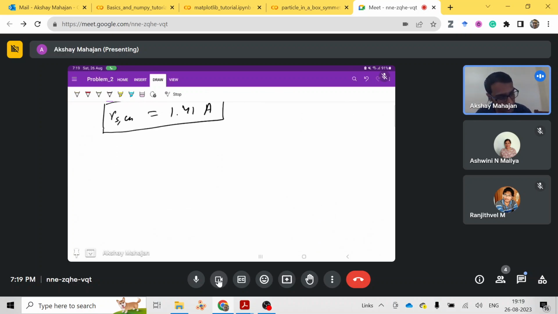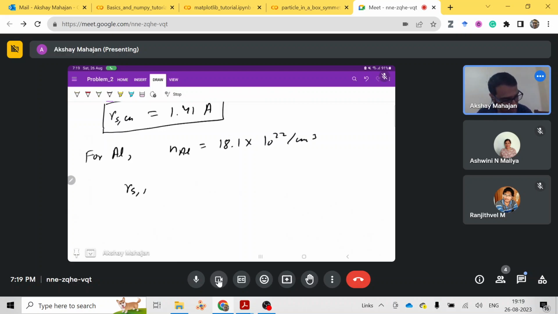Alright, and then for aluminium, you can solve similarly. We have n of aluminium equal to 18.1 into 10 to the power 22 per centimeter cube.